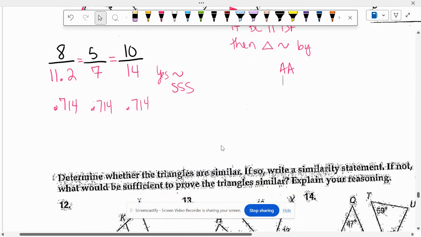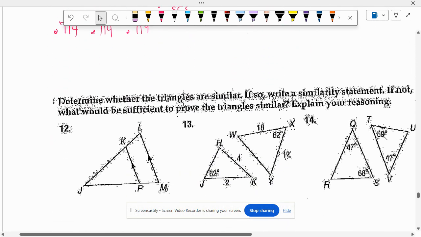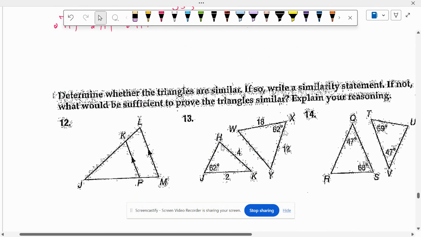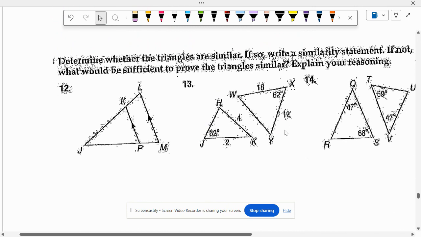Okay. Number 12, determine whether the triangles are similar. If so, write the similarity statement. If not, what would be sufficient? So look at example number 12. I know that angle J is congruent to itself. And if segment KP is parallel to segment LM, then this angle corresponds to this angle, which means they're congruent.